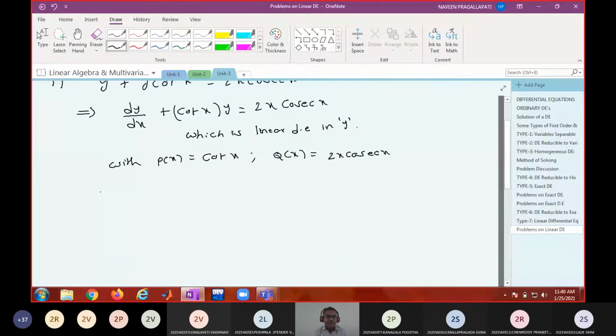Once you have this P(x) and Q(x), what is the integrating factor? e power integral P dx. And what is P here? Cot x. Tell me the integration of cot x. What is the integration of cot x?